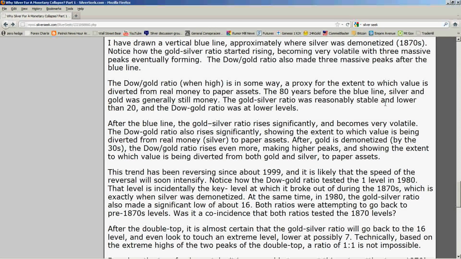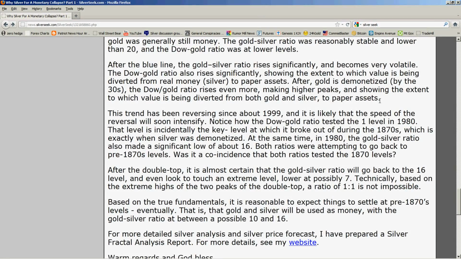The Dow-gold ratio also rises significantly, showing the extent to which the value is being diverted from real money, silver, to paper assets. After gold is demonetized by the 30s, the Dow-gold ratio rises even more, making higher peaks and showing the extent to which value is being diverted from both gold and silver to paper assets.